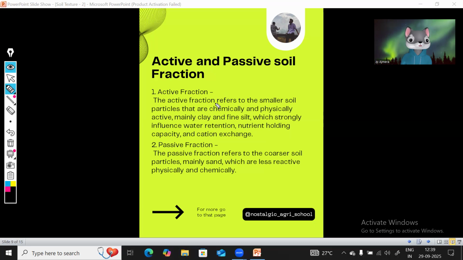So active fraction soil refers to the smaller soil particles. We know what the smaller soil particles are: clay and silt. They are chemically and physically active. They are chemically active because of CEC, cation exchange capacity. In the physical case, it is water or liquid holding.